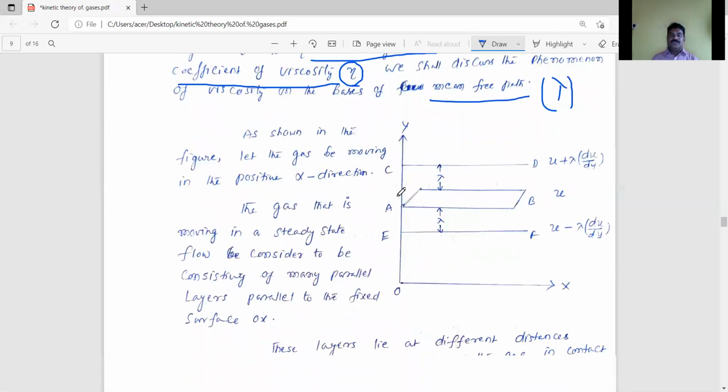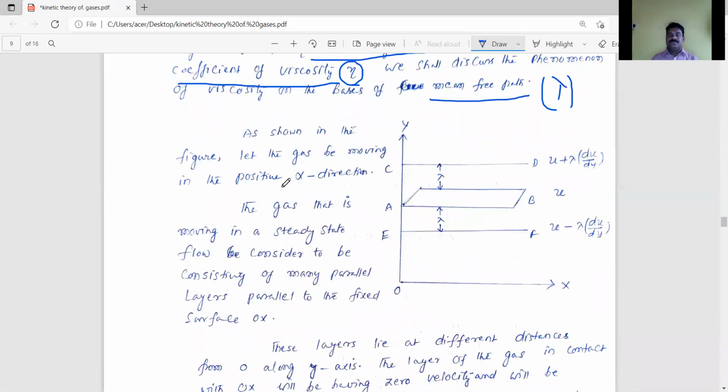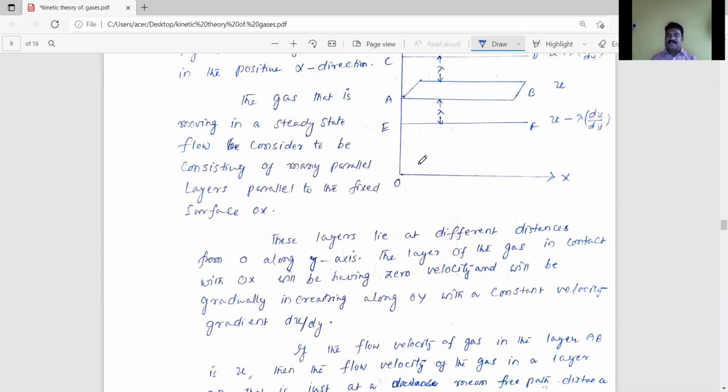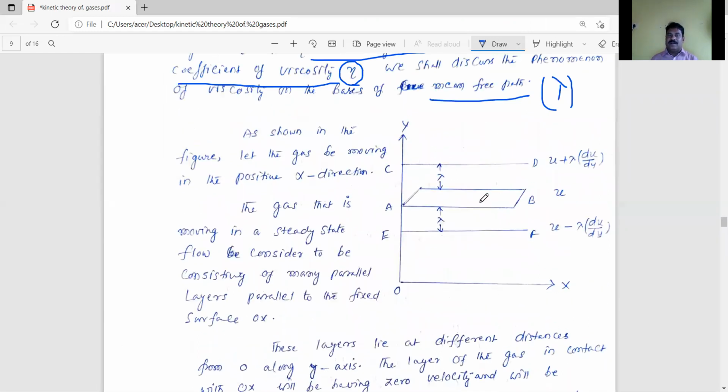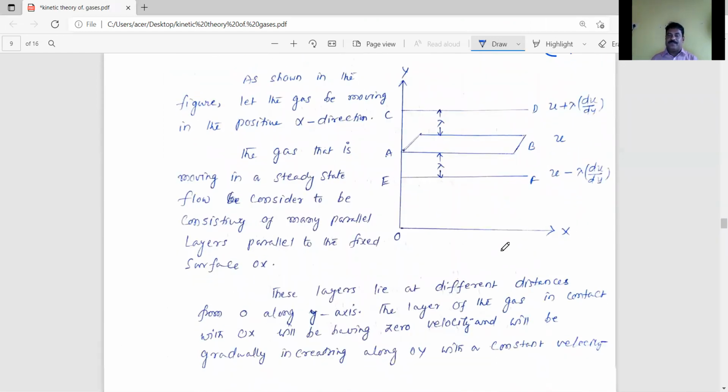Okay. So let us see this figure. As shown in the figure, let the gas be moving along the OX axis.